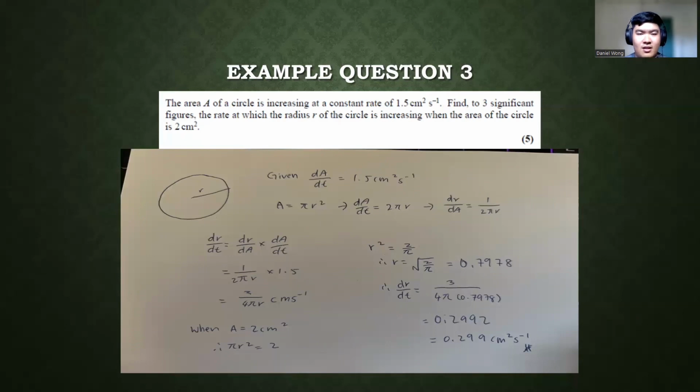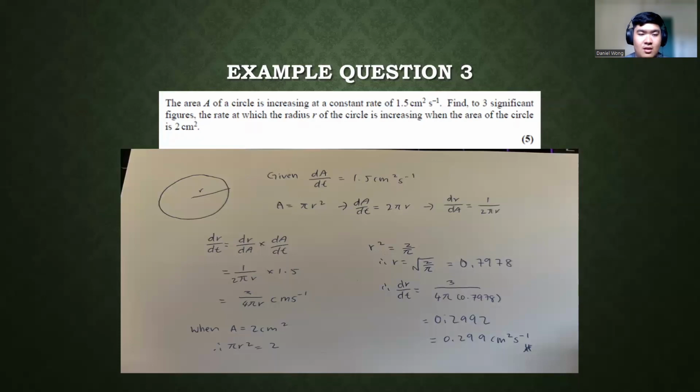As we know, dA/dt equals 1.5 cm² s^-1. So area equals pi r squared. When we differentiate, dA/dr equals 2 pi r, and we get dr/dA equals 1 over 2 pi r.